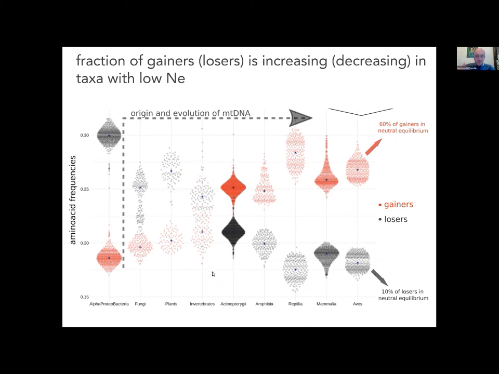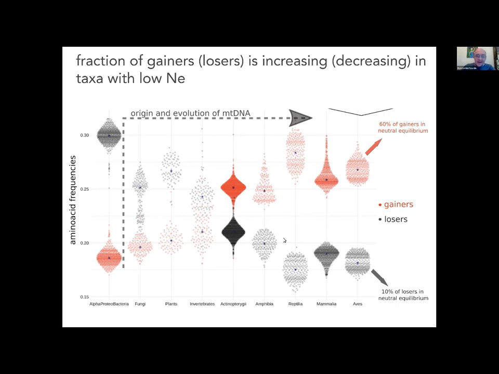So if there is mutational bias from losers to gainers, and this mutational bias leads to many slightly deleterious substitutions, all these slightly deleterious substitutions can have higher chances to be fixed in organisms with low effective population size. So that's why losers are decreasing and gainers increasing from high effective population size bacteria to low effective population size vertebrate species. So this is our favorite explanation.